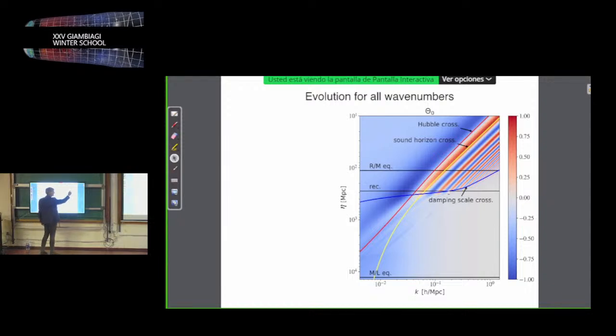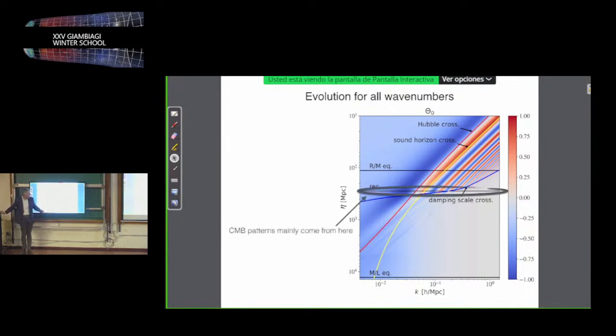And we see that when a mode crosses the damping scale, the fluctuation gets exponentially damped, just washed out, averaged, due to the complicated diffusion effects. And so we don't expect to see all the peaks. We expect that at some point the peaks fade away and there is nothing left to observe. This effect is called Silk damping and explains the exponential tail in the CMB spectrum that we will derive.